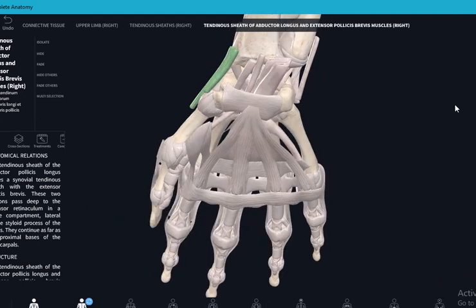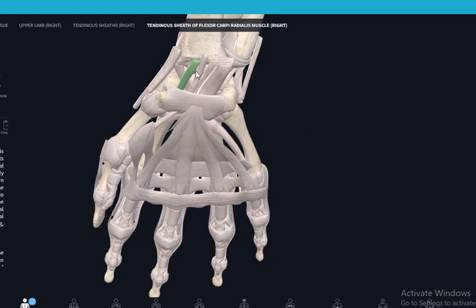This particular sheath here is going to cover the flexor carpi radialis. This sheath here is covering the flexor pollicis longus. This sheath here is covering the common flexor sheath. So all the common flexor tendons are passing through this sheath, and they can present themselves inside here. This place here is the transverse carpal ligament.